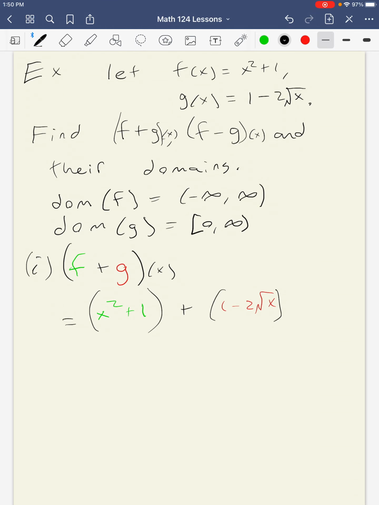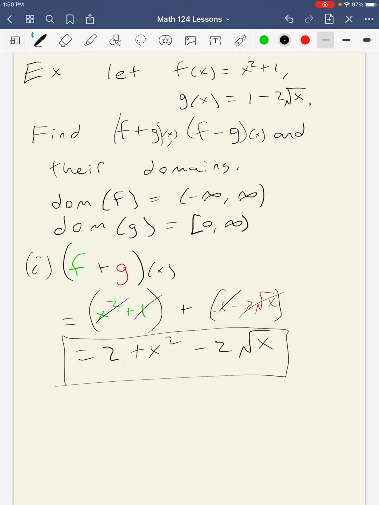And then we just simplify. So these 1's cancel, or no, they do not cancel out, sorry. The 1's add up to 2, so we have 2, so we dealt with these terms. We have an x squared term, and we have negative 2 square root x. We can't simplify any further, so that is the resulting function when we add those two functions together.